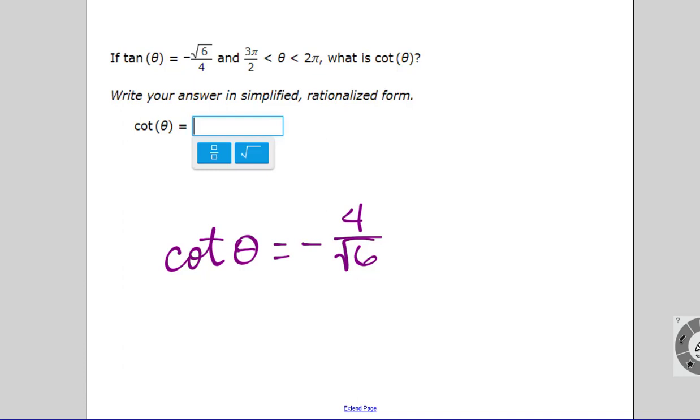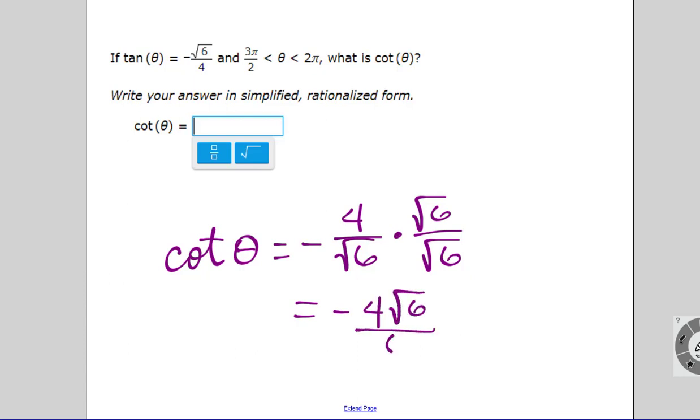Okay? And then we're going to rationalize by multiplying top and bottom by square root 6. So that gives me negative 4 square root 6 over 6. And of course, we can reduce this. We can factor out a 2 from the top and the bottom.